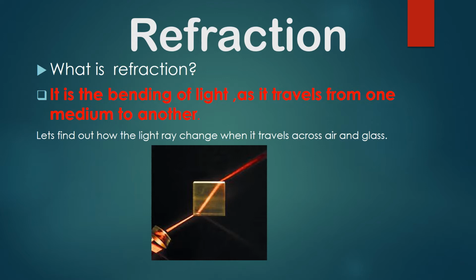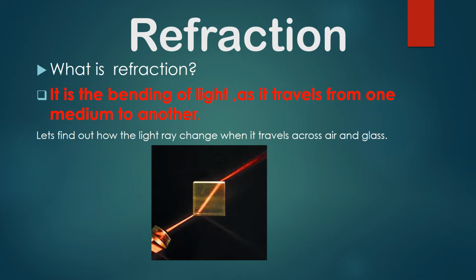So, what is refraction? Yes, refraction is the change in direction of a wave passing from one medium to another medium. In this example, there are two mediums. One is the air, the other one is the glass.